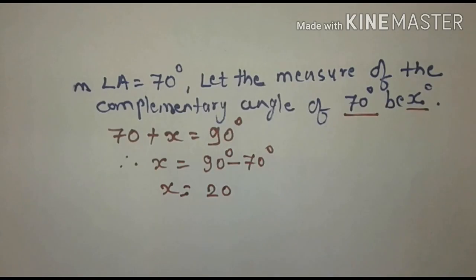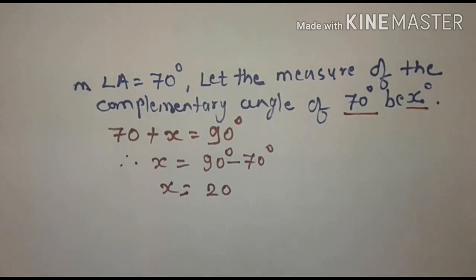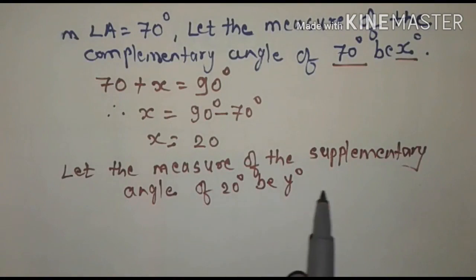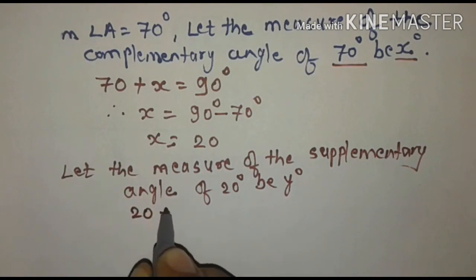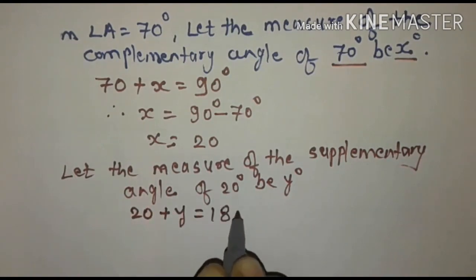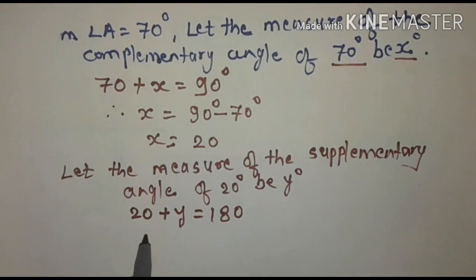Now we have to find the supplementary angle of 20 degree. Let the measure of the supplementary angle of 20 degree be y degree. So we can write 20 plus y is equal to 180. Why 180? Because two angles are said to be supplementary when their sum is 180 degree.